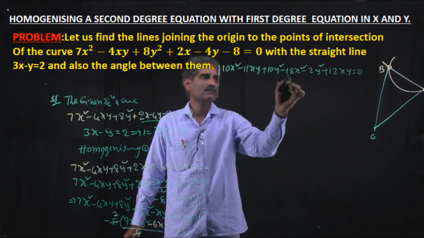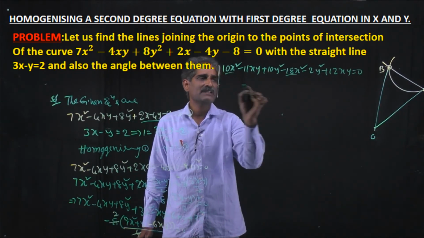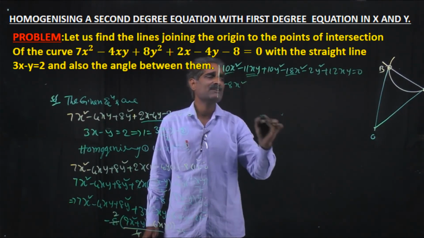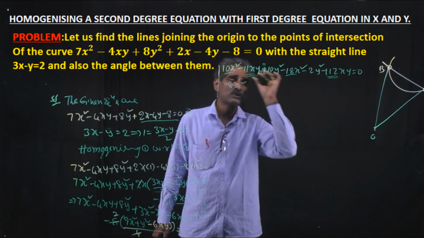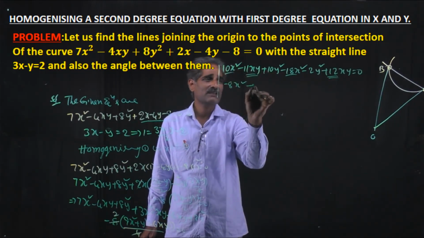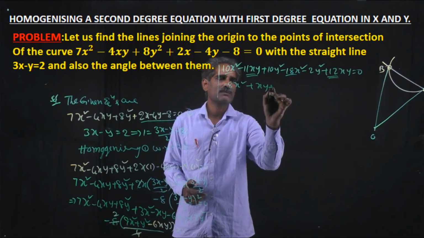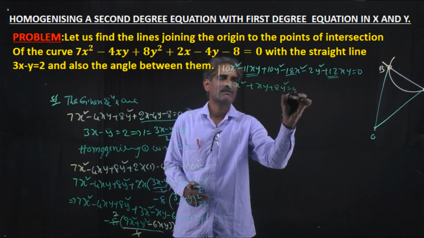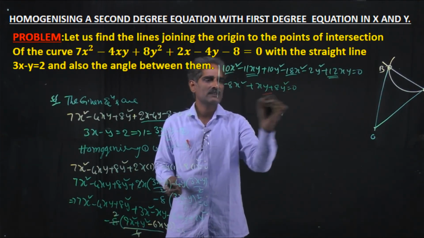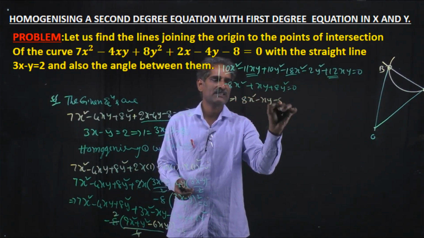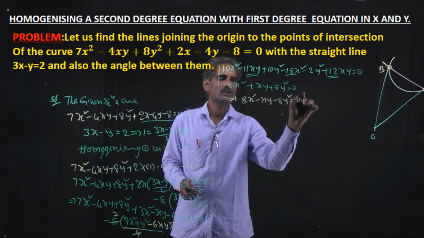So again simplify this: 10x square minus 18x square, minus 8x square; minus 11xy plus 12xy, plus xy; 10y square minus 2y square, plus 8y square. So here you can rewrite this equation as 8x square plus xy plus 8y square equal to 0.